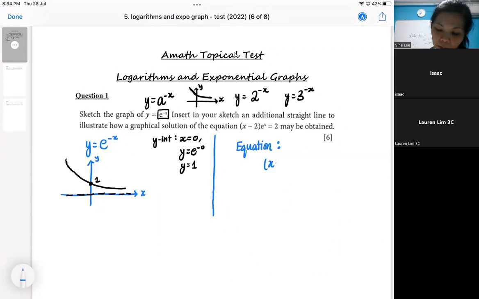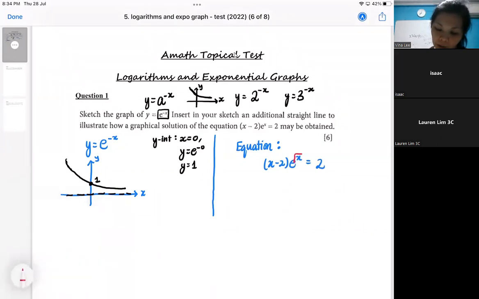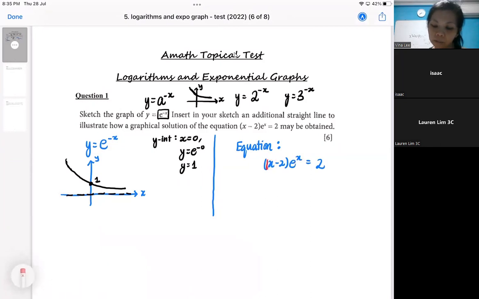I cannot solve it manually because x is in the power and x is also not in the power. So this is not something that we can do manually. Maybe a graphic calculator will be able to do the job. Anyway, we're going to get a graphical solution.